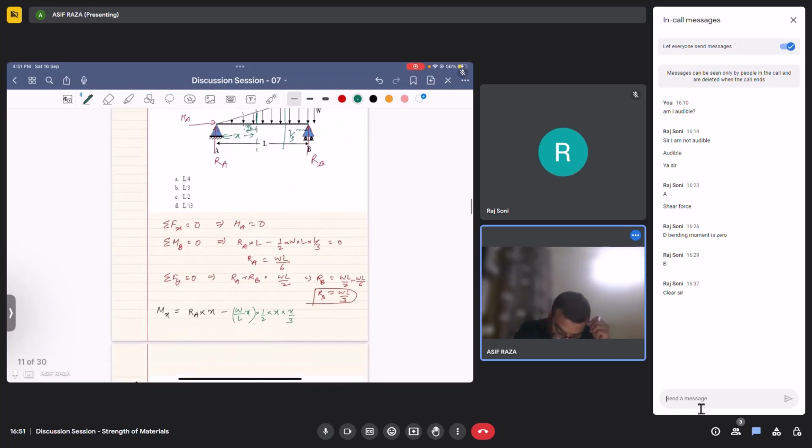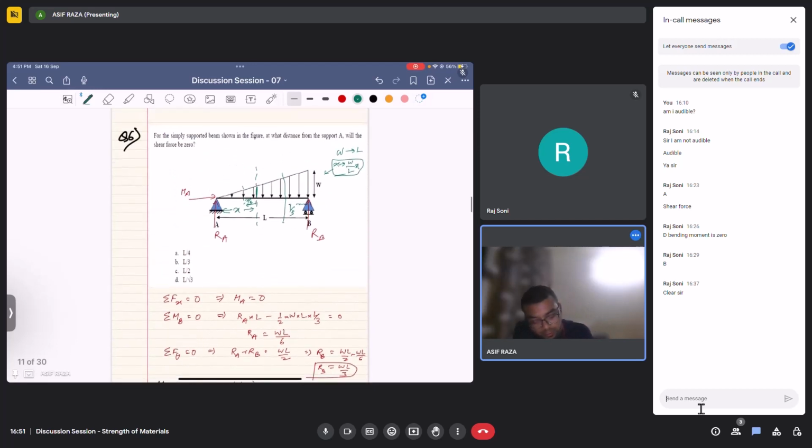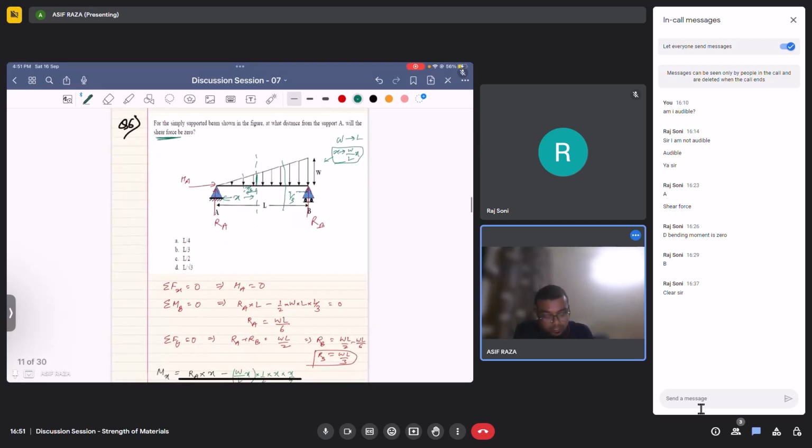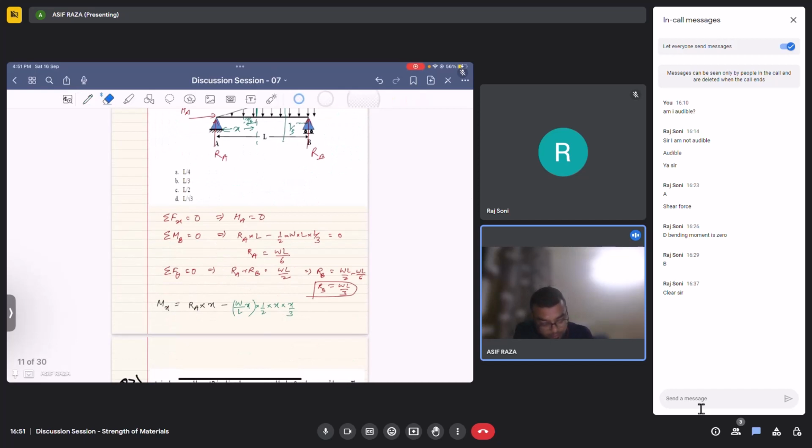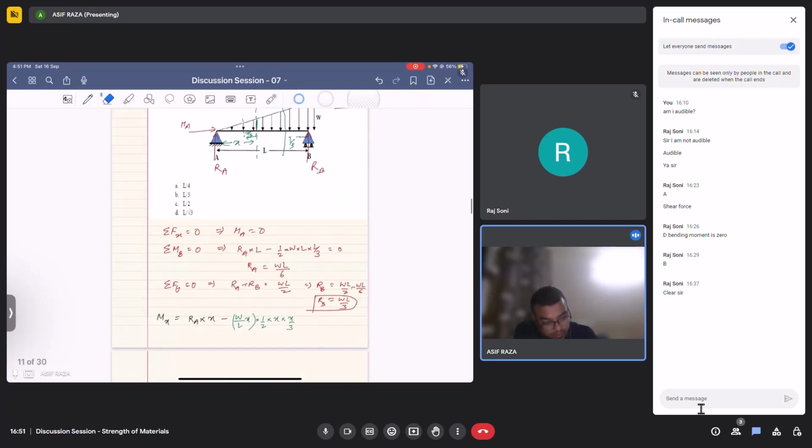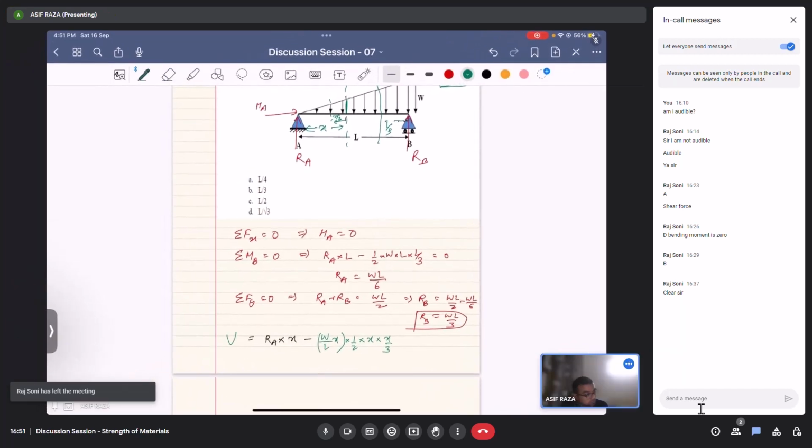Okay, I'm making a mistake here. The question is asking about shear force, and I'm finding moment. So we can just do one thing: we can take this as a shear force. We will just remove this and this, and make it 0.